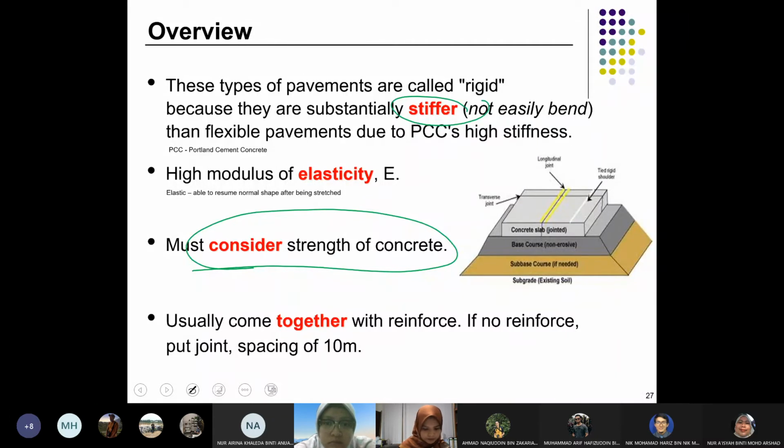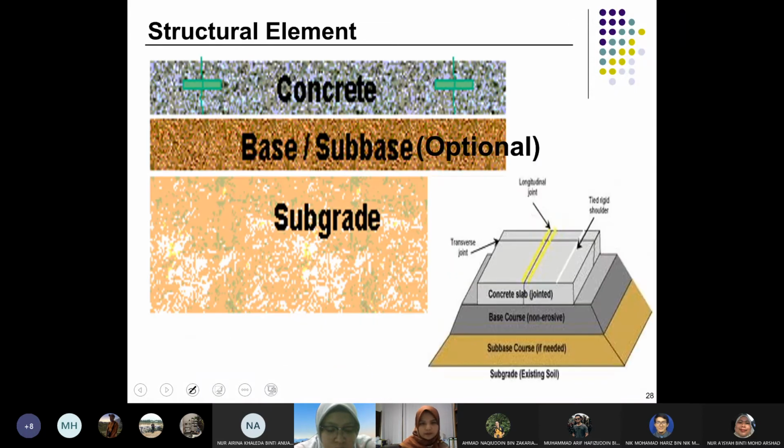Okay, and you have the reinforce. Okay, tapi kalau tak ada reinforce, dia akan buat spacing of 10 meter. Okay, tengok di sini. Dia ada longitudinal and also transverse. Right? Dia ada longitudinal bar, transverse bar pun ada. Ada semua dia guna BRC saja.